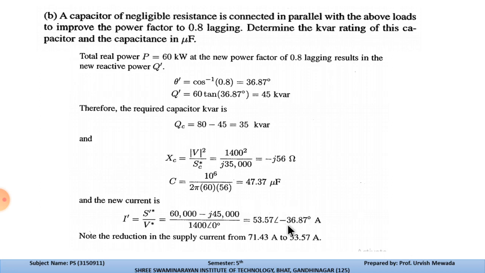So the angle for that capacitive branch is 36.87, and the reduction in the supply current is from 71.43 ampere to 53.57 ampere. So this is how we can calculate the examples of power factor correction.